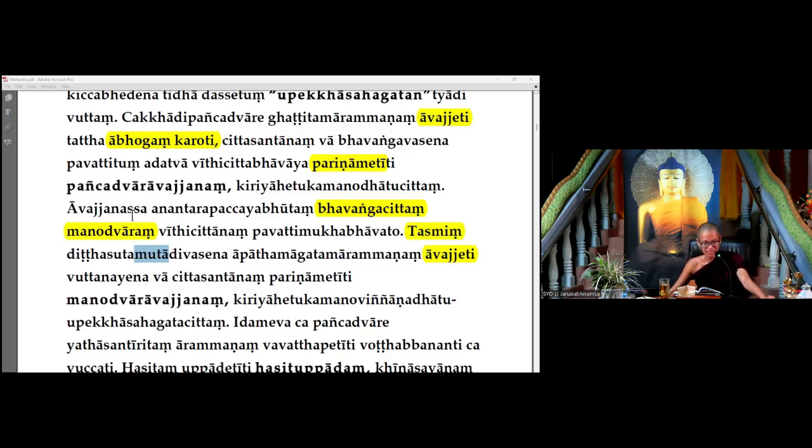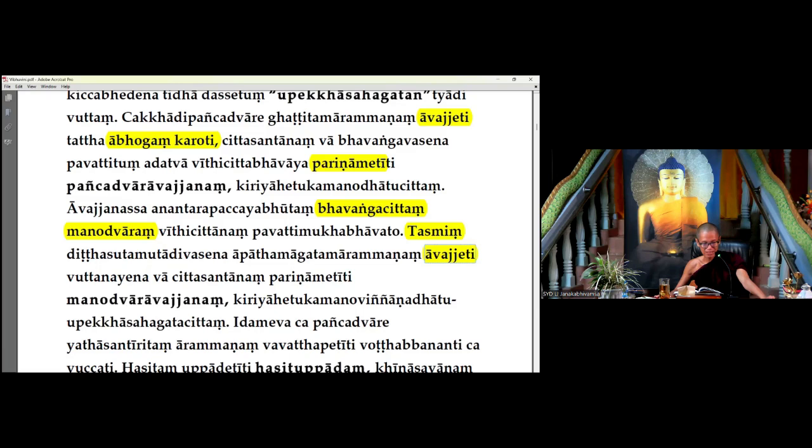So avojeti makes attention to the object appearing in terms of the Data Sutta Muda. That is in the mind. In this case, the main definition is that mind, avojeti, which means manodwara avojeti.